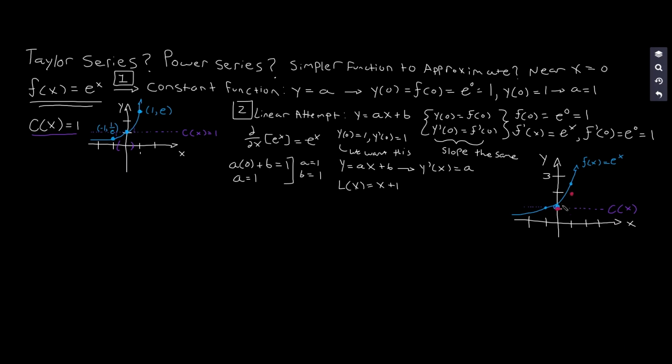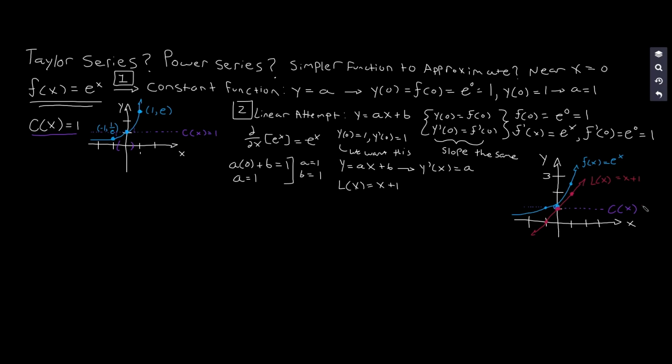And then down here, just pretend that this is a straight line. I know it's not, but let's just pretend. And then this is going to be L of x equals x plus 1.